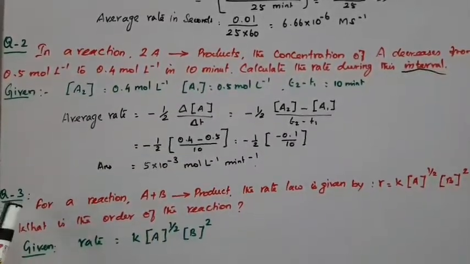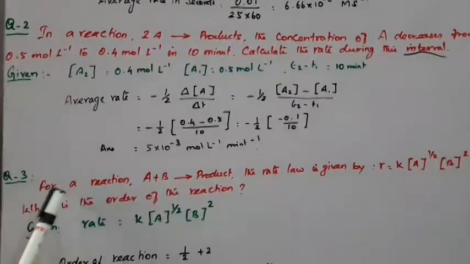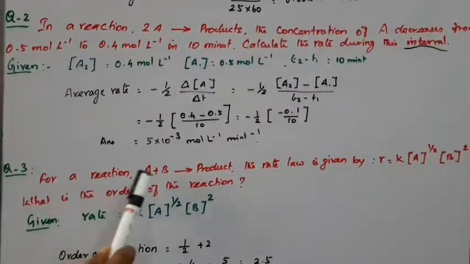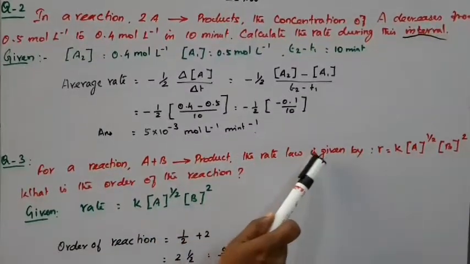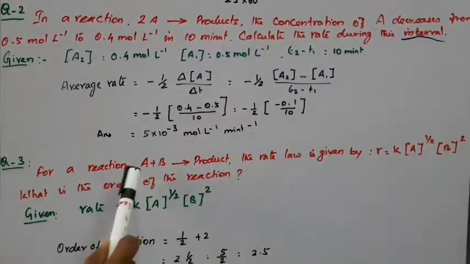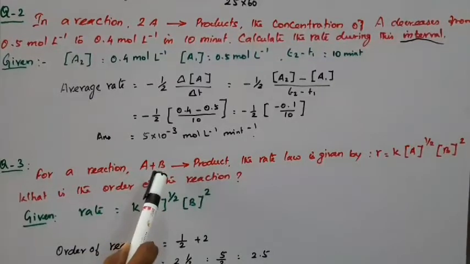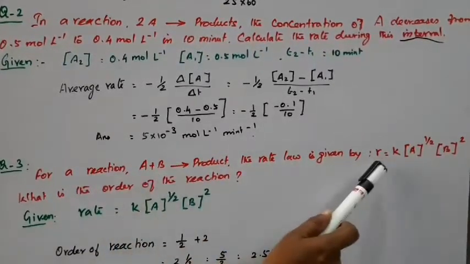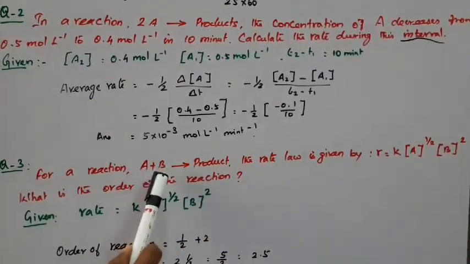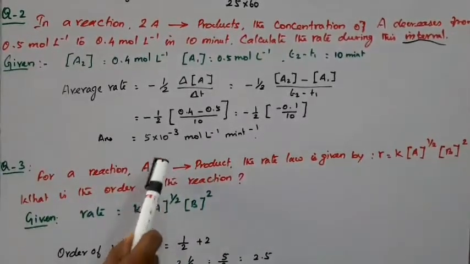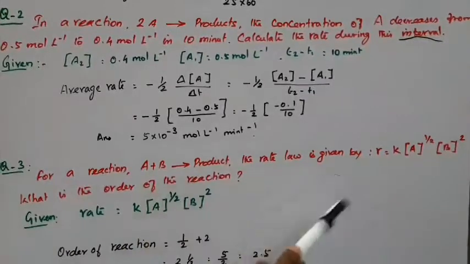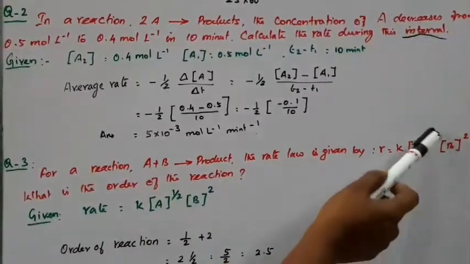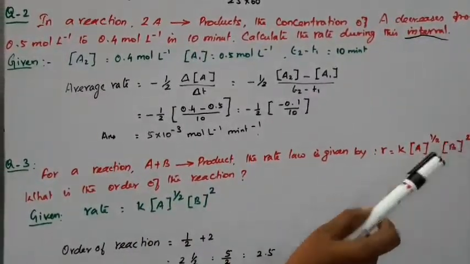Okay, so question number 3, calculate the order of reaction. For a reaction A plus B gives product, the rate law is given for this particular reaction. How are you going to write the rate law? Rate equals rate constant times the product of concentrations of reactants raised to a power, and this power, the exponent, we call the order.